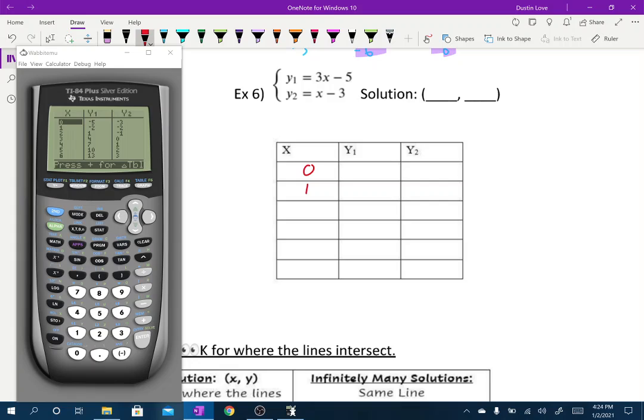So x is 0, 1, 2, 3, 4, 5. y1 is negative 5, negative 2, 1, 4, 7, and 10. And y2 is negative 3, negative 2, negative 1, 0, 1, and 2. And we're looking for that place where they have an equal y value. So our solution is at 1, negative 2.